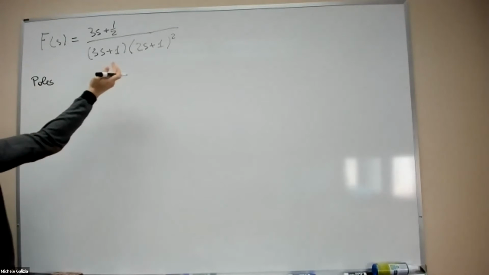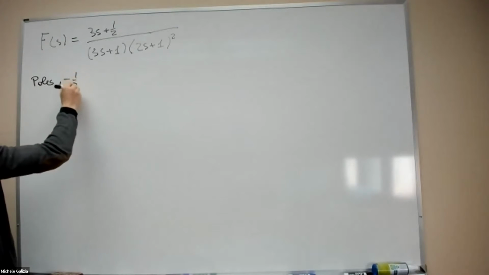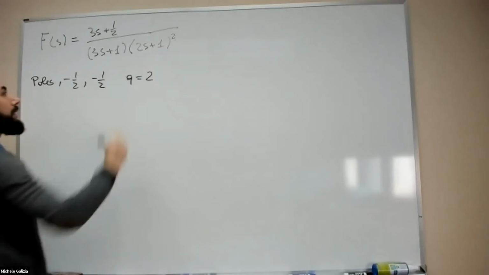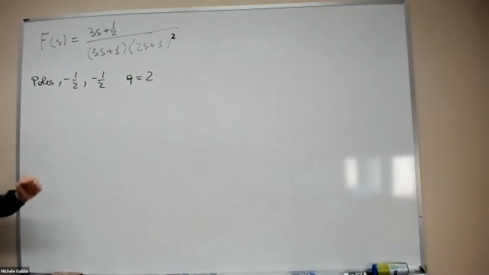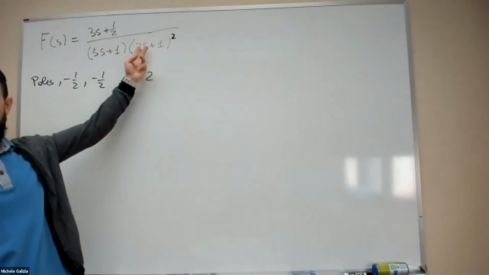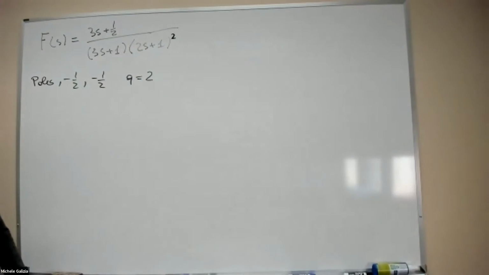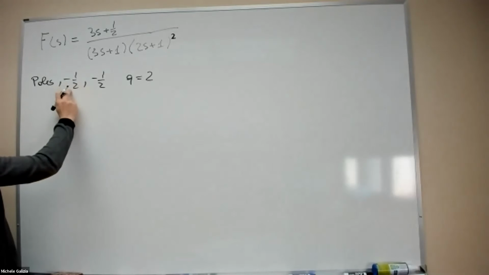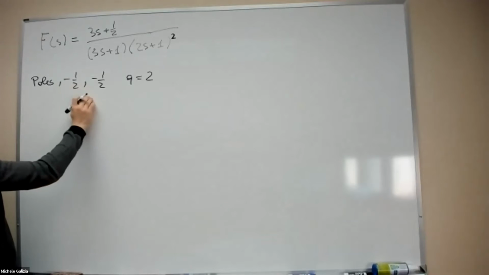We have the repeated poles, minus 1/2, minus 1/2. The multiplicity q is equal to 2, because it is repeated 2 times. So, are these poles real? Yes. They are real and they are repeated.